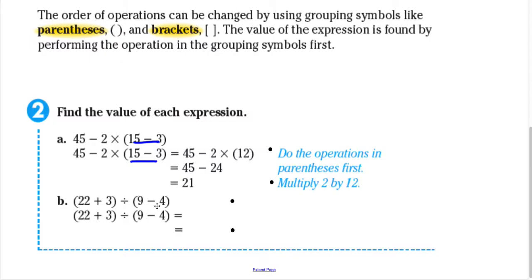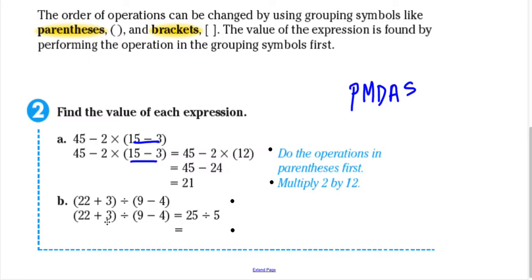In example B, you have the quantity 22 plus 3 divided by the quantity 9 minus 4. Since they have parentheses, we need to do what's inside the parentheses first before we do My Dear Aunt Sally. So Please My Dear Aunt Sally will be our acronym for now, where P stands for parentheses. So we do what's inside the parentheses first. 25 divided by 5, why?